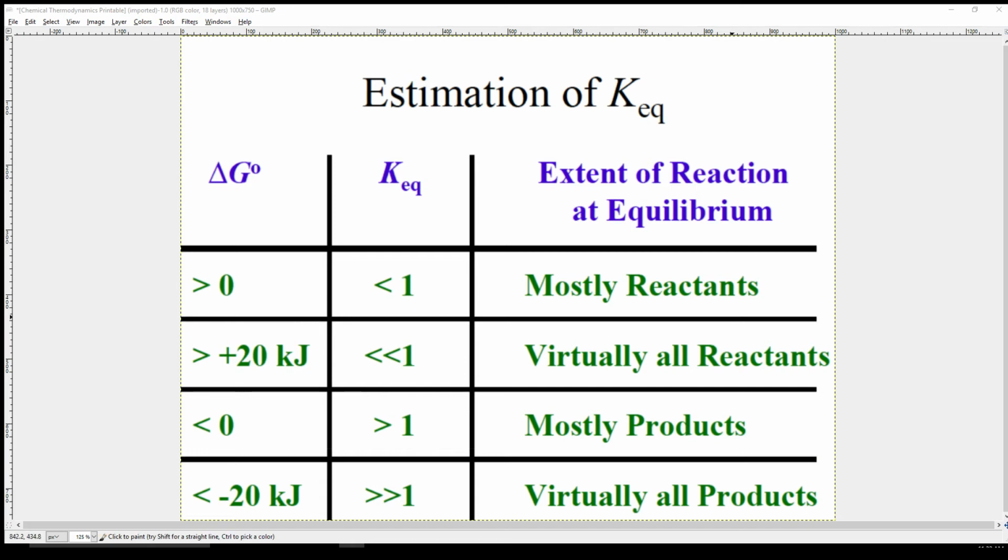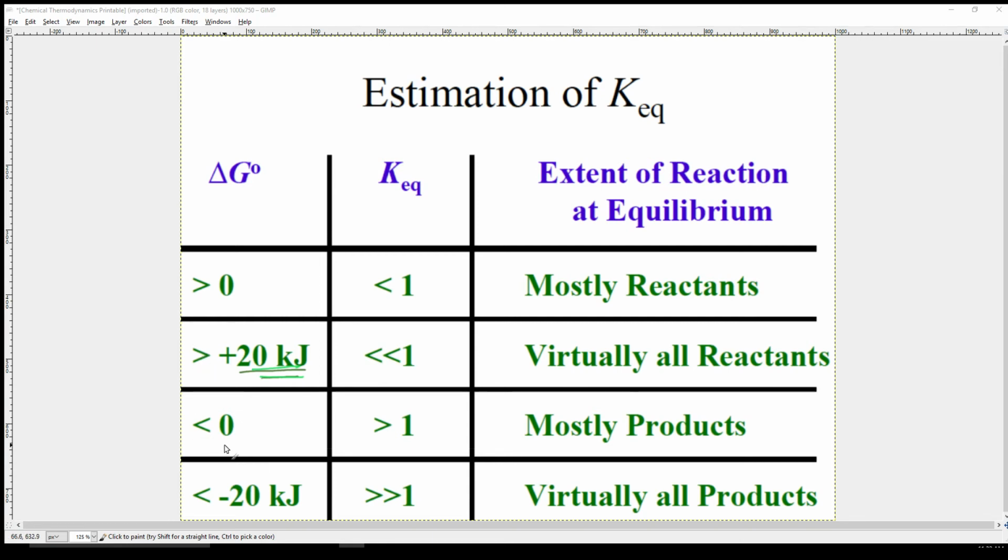So here it is again. If this sort of thing helps you, you could look at it. It's a way to estimate your equilibrium constant. So if your delta G is greater than 0, it's going to be mostly reactants. However, once you get past 20 kilojoules, then it's basically all reactants, virtually entirely reactants once you get past that threshold.